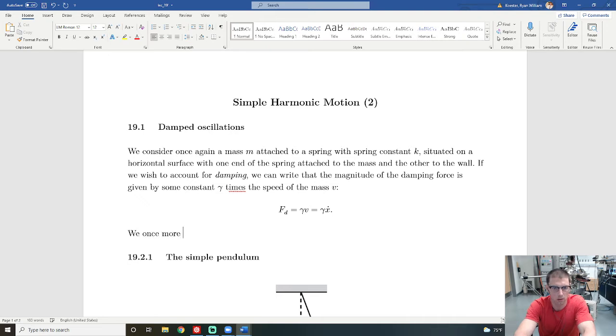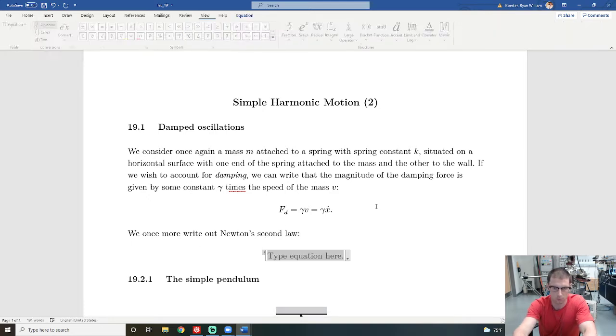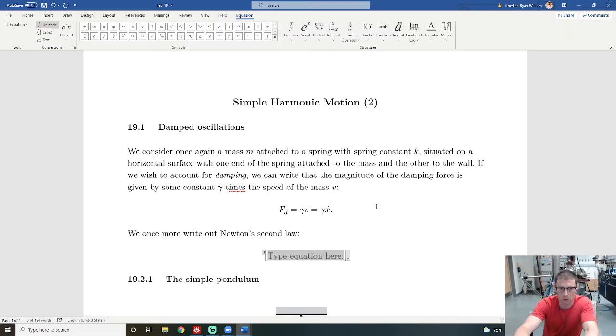So we once more write out Newton's second law. This time it will obviously be a little bit different, because we have a force in this case that wasn't present before. So let's say it looks like this. We still have the Hooke force, because the mass is still attached to a spring, and then we have to account for the damping.